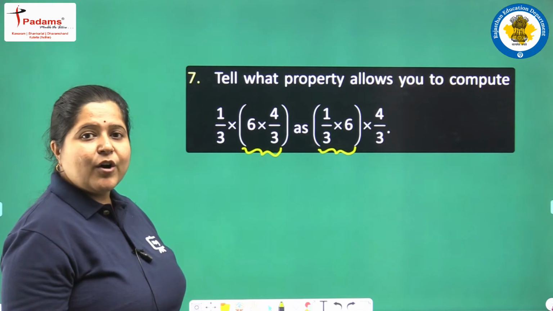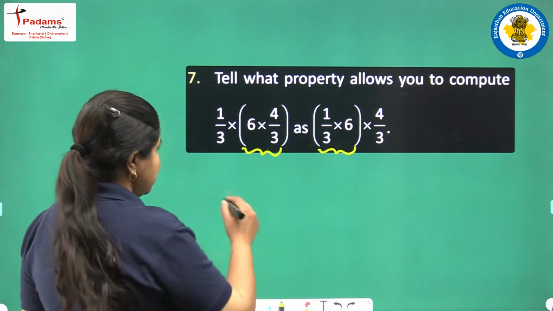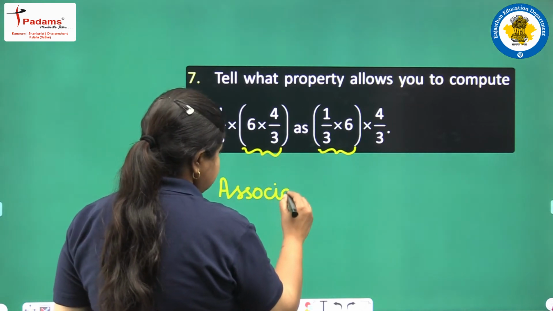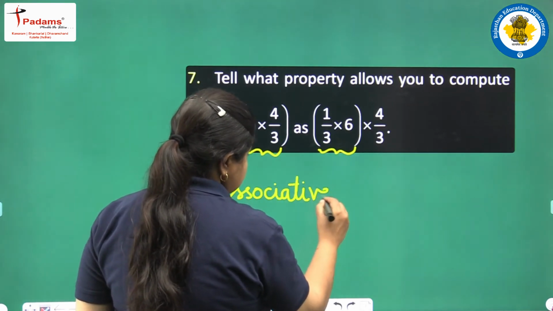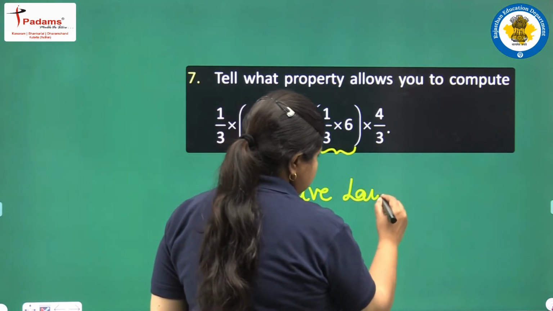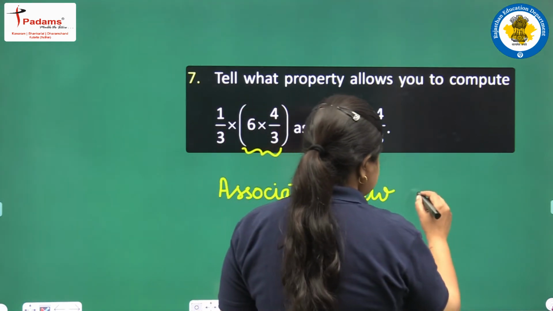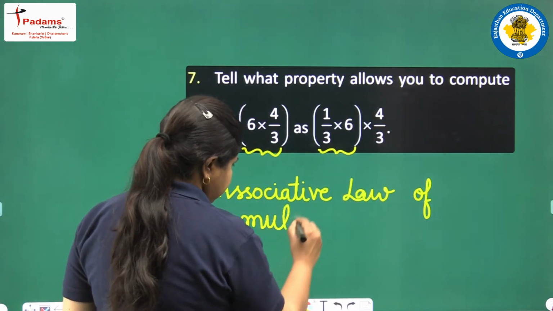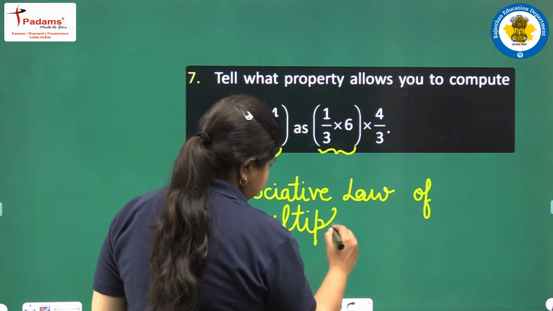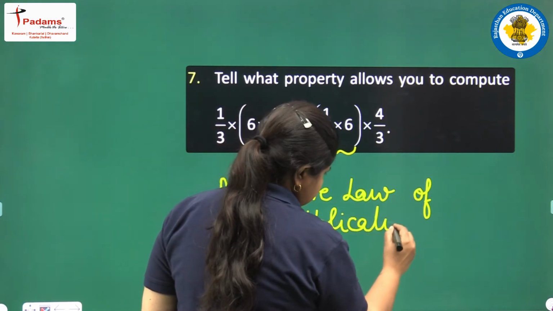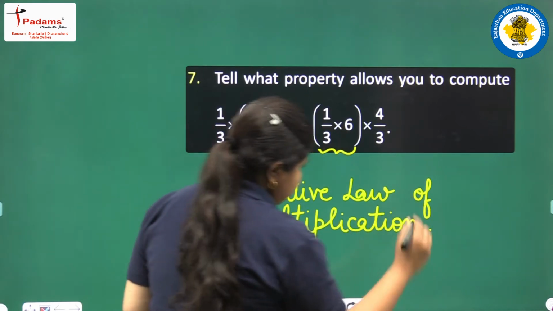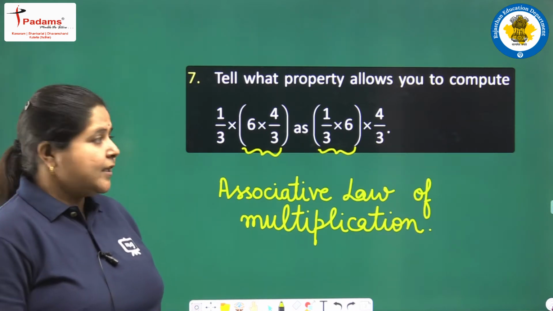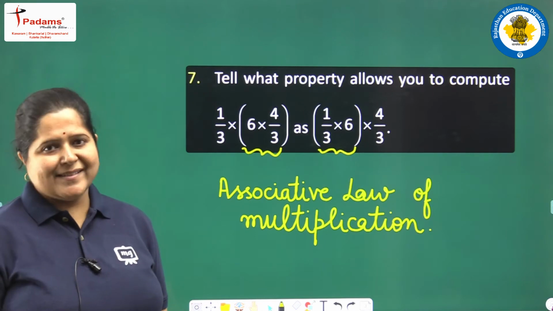Obviously the property of associativity. So we can write associative law or associativity property of multiplication. This is the law or property that has been used here to equate both the results.